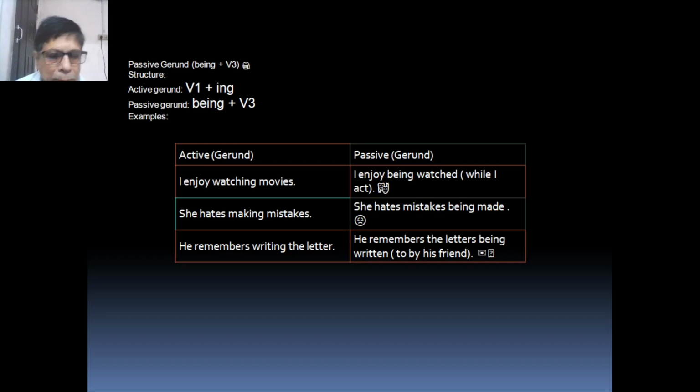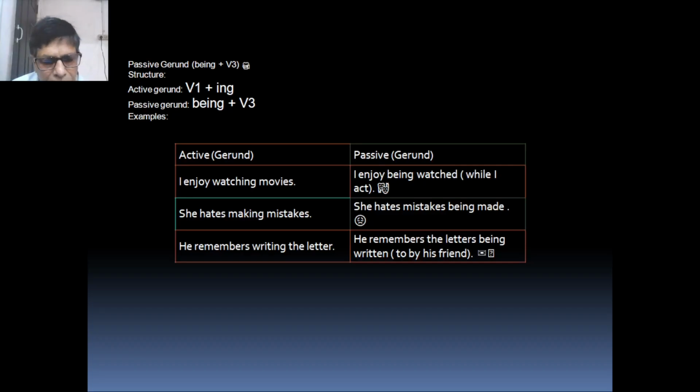The second example is she hates making mistakes. She hates mistakes, which is the object of the gerund making. It comes before. So she hates mistakes, and ing is turned into being, and make is turned into made, pp. So the passive form is she hates mistakes being made. The third example, he remembers writing the letter.